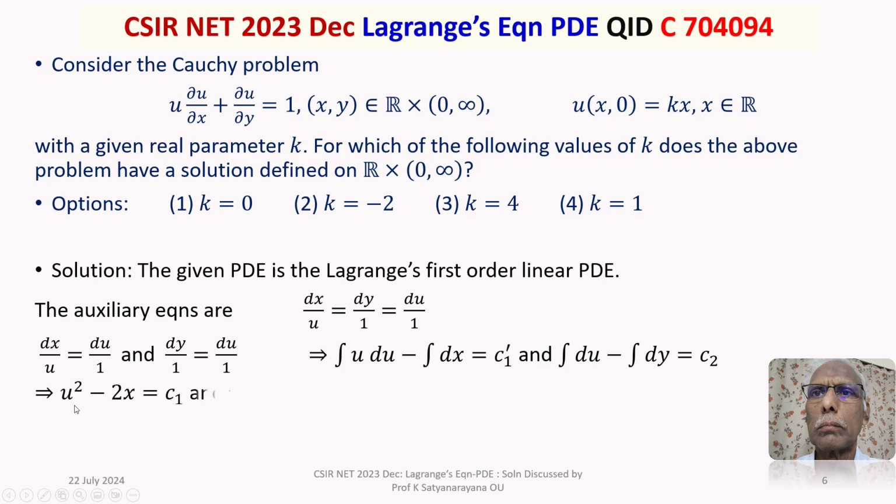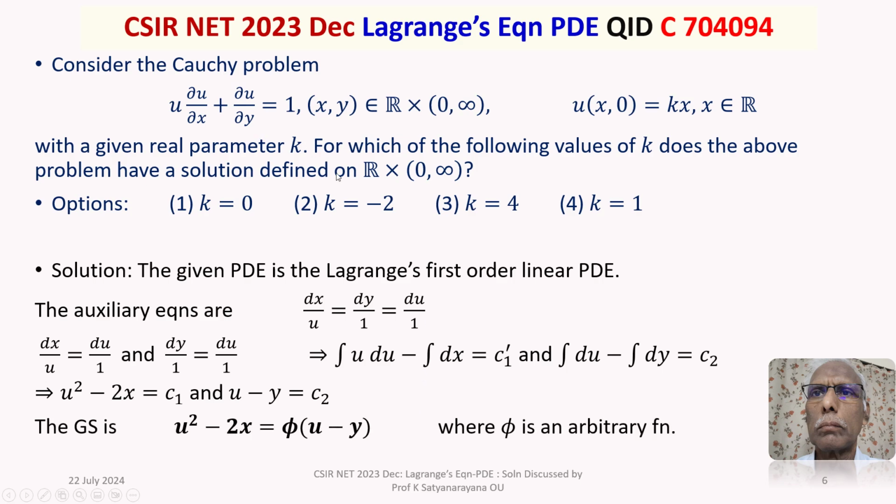So integrating, we get u² − 2x = c1 and u − y = c2. Now the general solution of the given partial differential equation is u² − 2x = φ(u − y), where φ is an arbitrary function. You can also write u − y = ψ(u² − 2x).